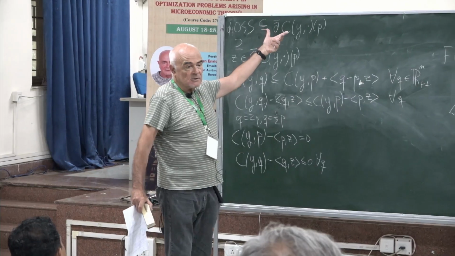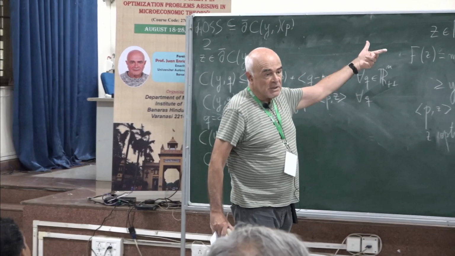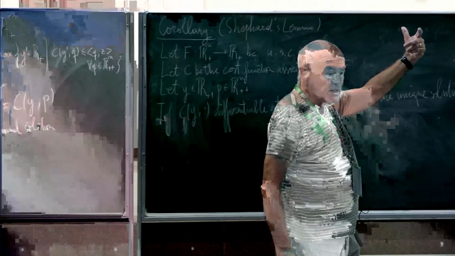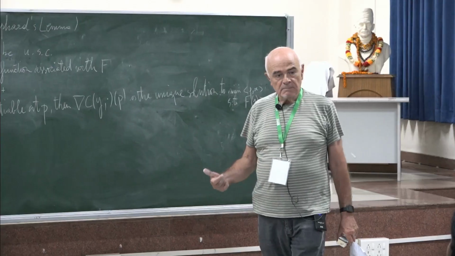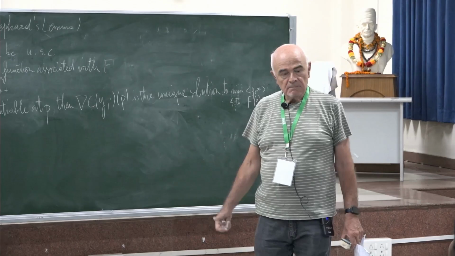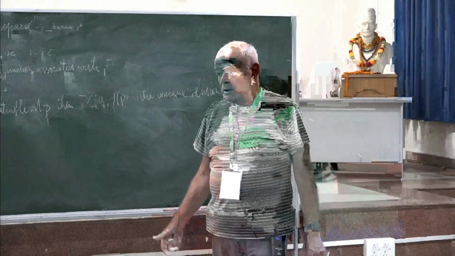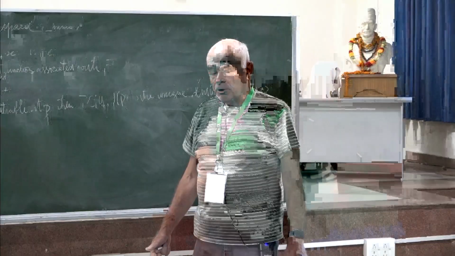The optimal solution set is contained in a singleton, then it coincides. So there is a unique optimal solution, and this optimal solution is the gradient. Just take derivatives and you get the optimal input vector, because now it is unique.